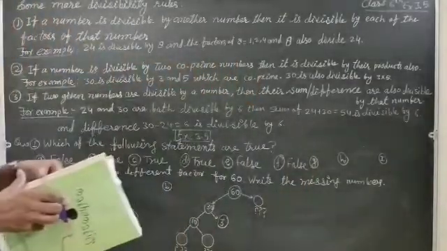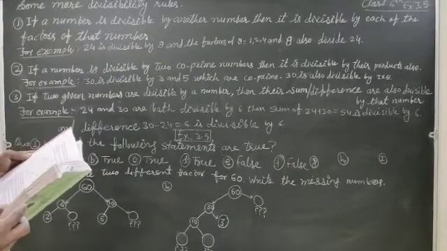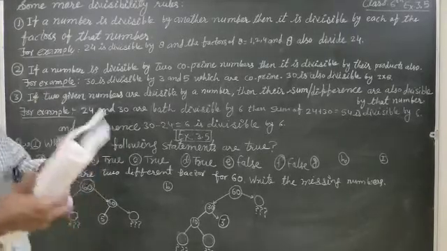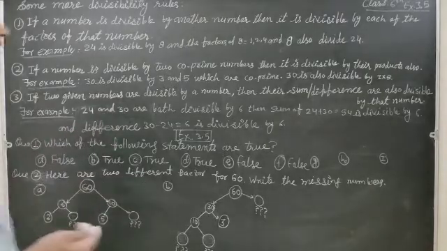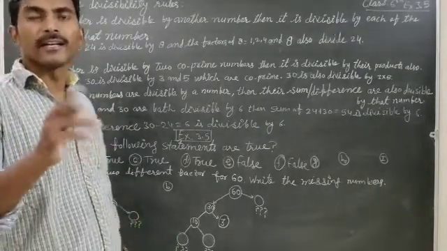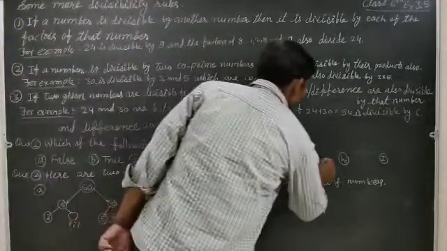G. All numbers which are divisible by 8 must also be divisible by 4. Yes, it is compulsory. Any number divisible by 8 is divisible by 4 also. So this is true.